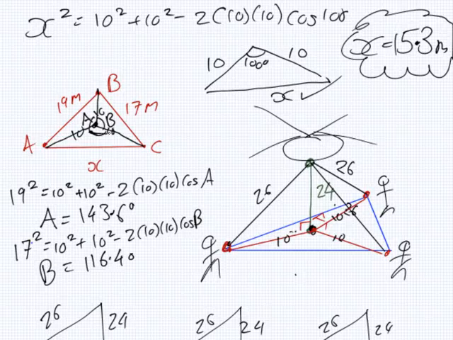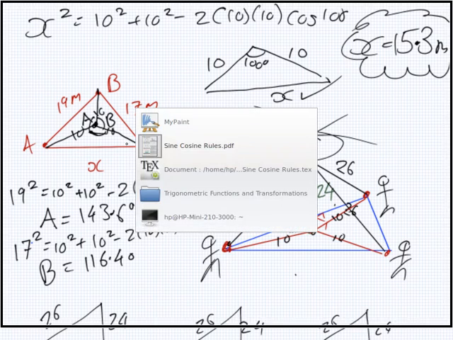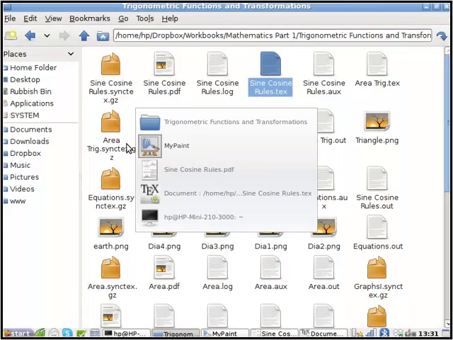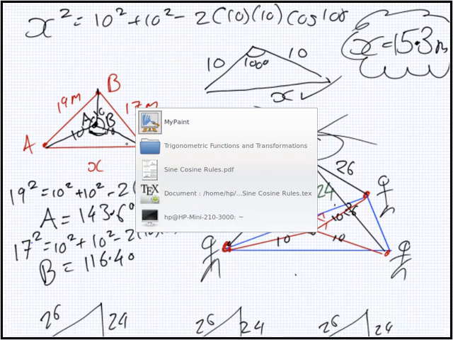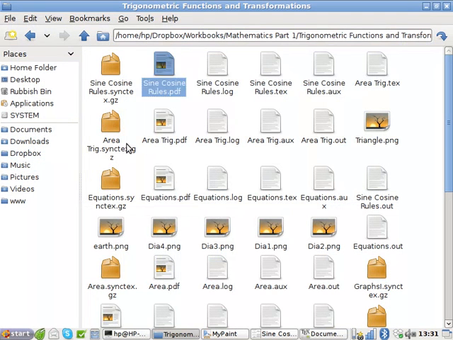Okay, so what we'll do next, I said, is the equations. Equations now.